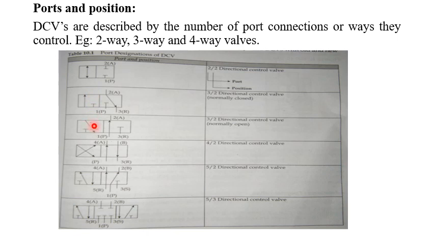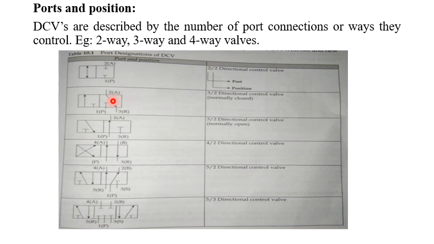See, the initial condition will be either the first one or the second one, depending on the manufacturer. Normally we take the second position as the basic position. From this end we will actuate, so the second position is the basic initial condition.